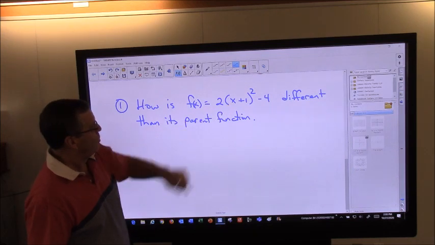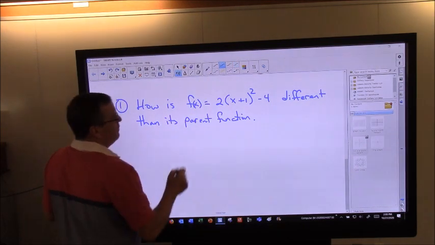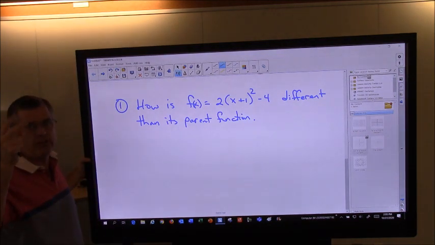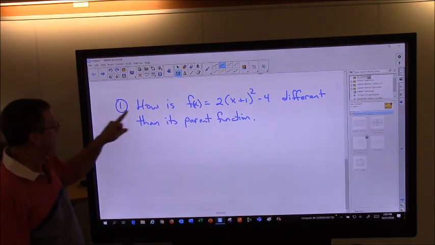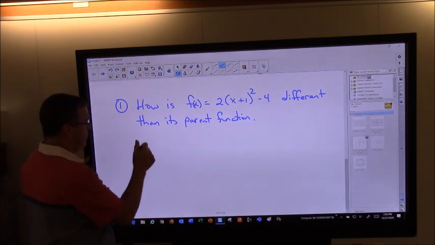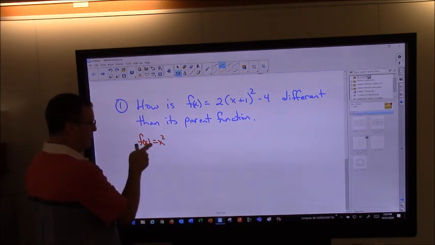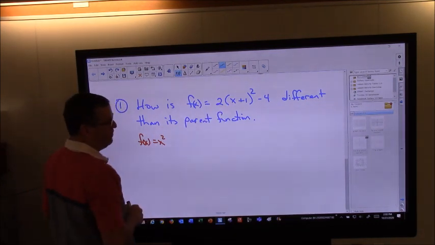So how is this different? Well, first of all, a times b squared is 2. So I want to stretch this graph to twice as much as its parent function. The parent function is f of x equals x squared, or y equals x squared. That's the parent function. How is this different?